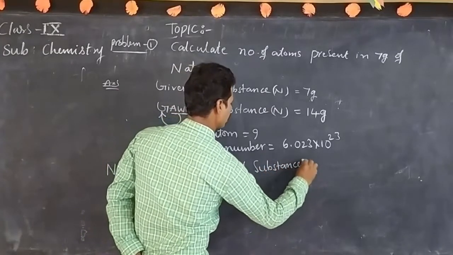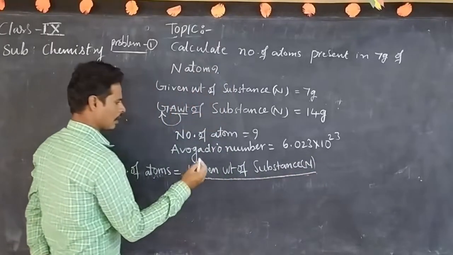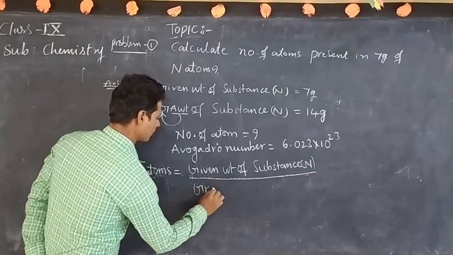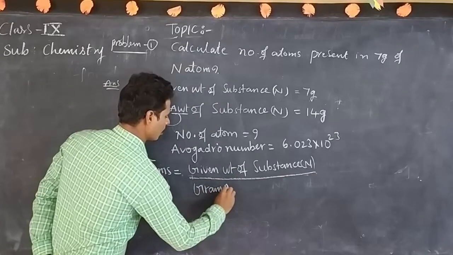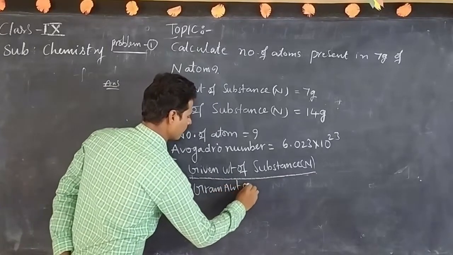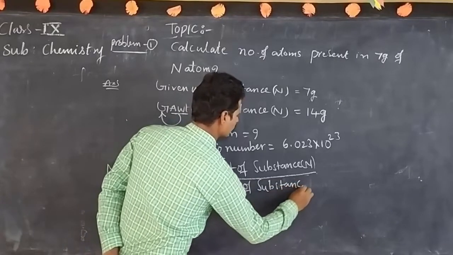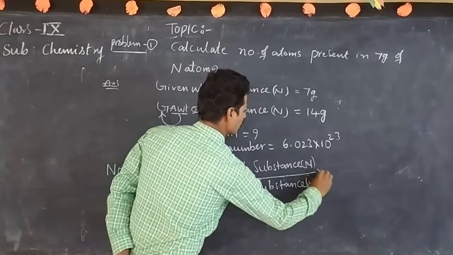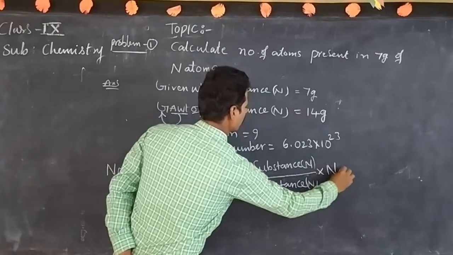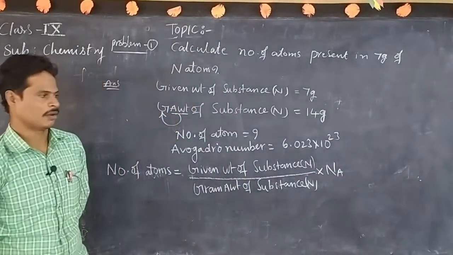Nitrogen, by gram atomic weight of substance into Avogadro number. This is the formula.